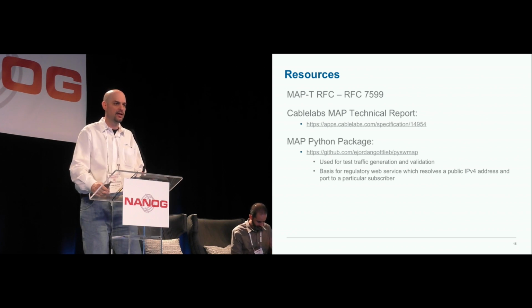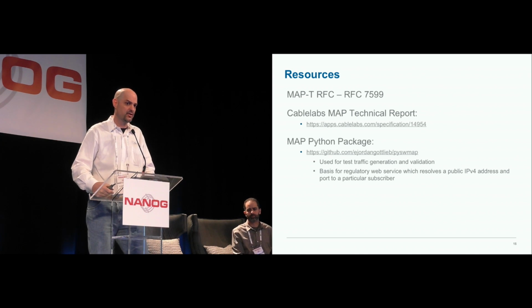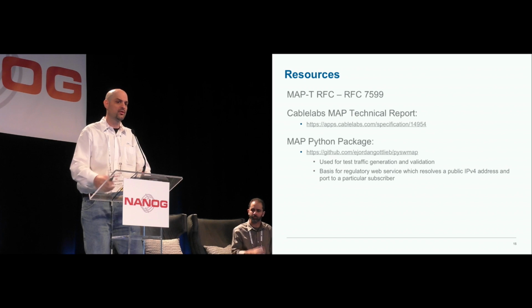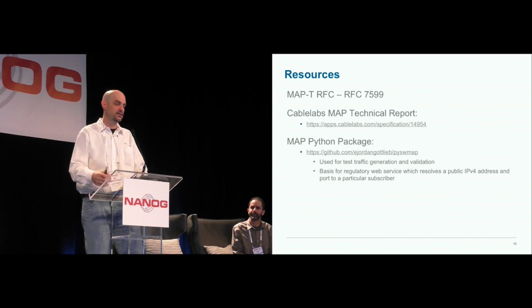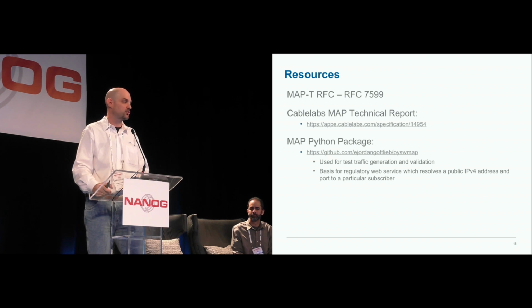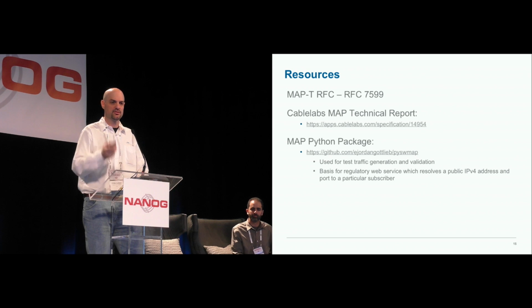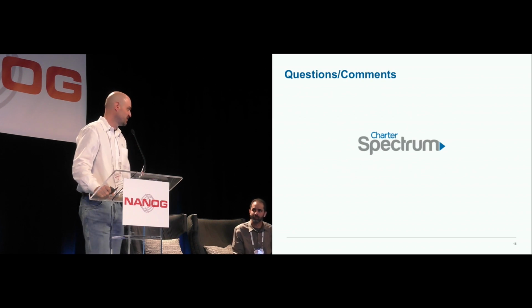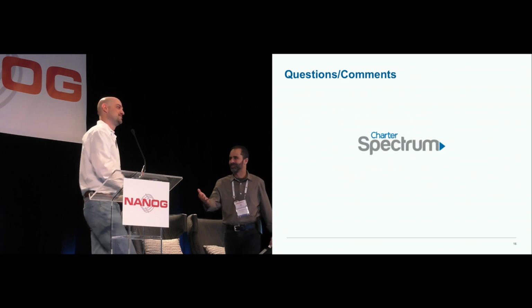We've used it to do a lot of the MAP calculations in the lab for test traffic generation and also validation of implementations. And it's also the basis for our regulatory web service that resolves a public IP address and port to a particular subscriber. Again, that's important for regulatory reasons. And I'm done. Thank you so much.